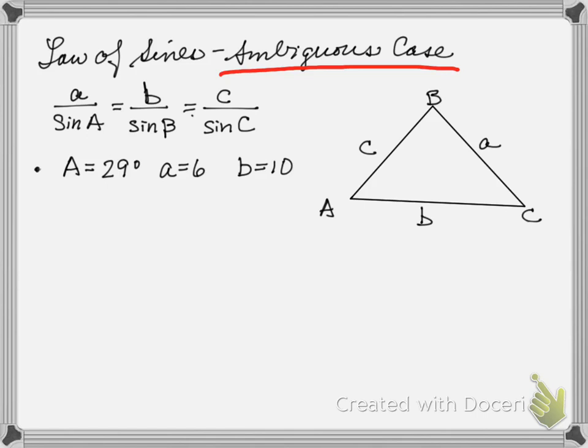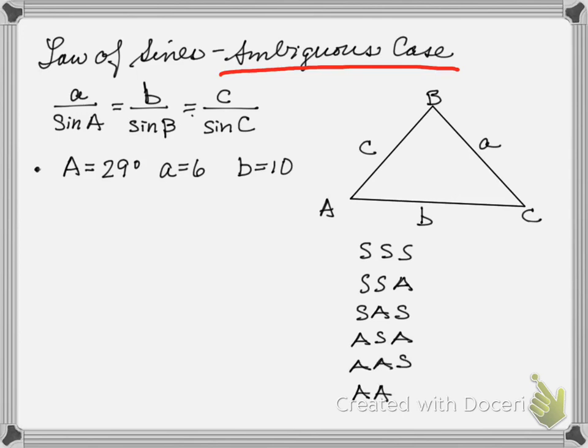In order to solve a triangle, we need to be given three pieces of information, a combination of sides and angles. The possibilities are that we could be given the three sides, we could be given two sides and an angle like this, we could be given an angle, side, angle, and we could be given an angle and a side.